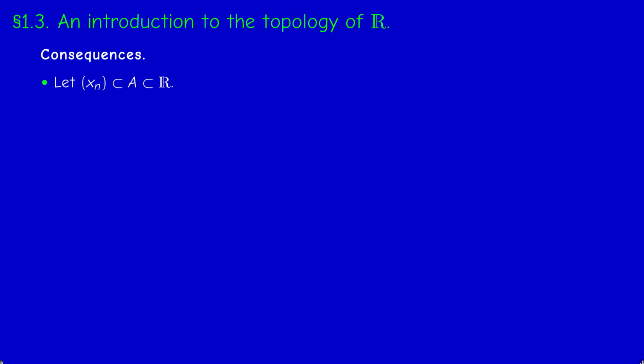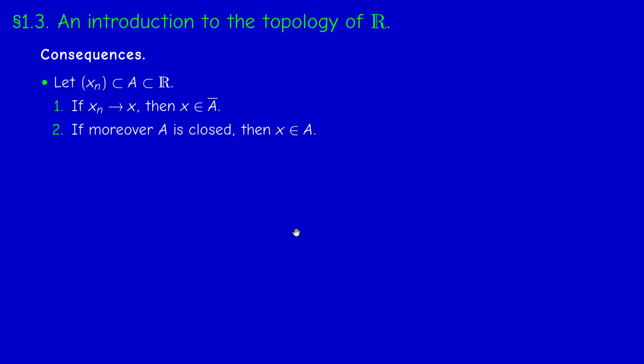Now, let us draw some consequences out of this result. Suppose that we have a sequence xn in A, and A is a subset of R, and suppose that xn converges to x. Now, x did not belong to A, but it's not very far from A. It's in A bar. So in particular, if A is closed, then x belongs to A. This is what I said before.